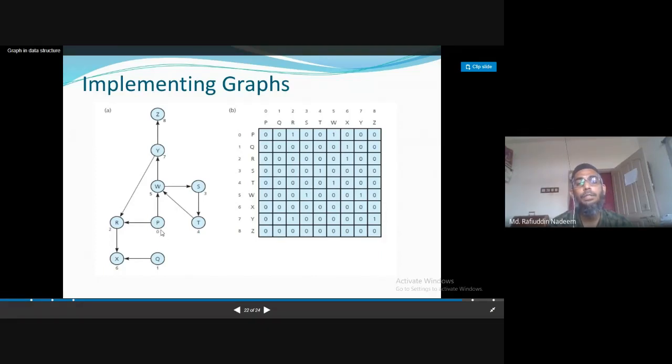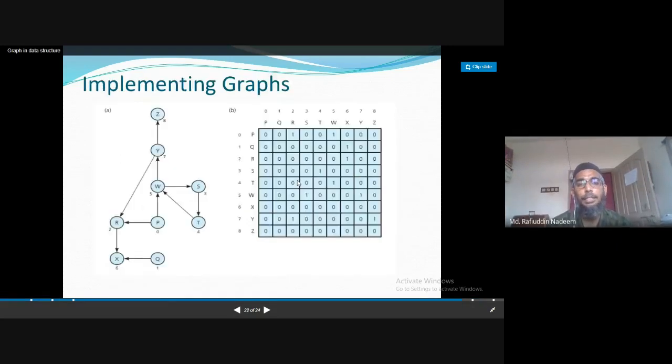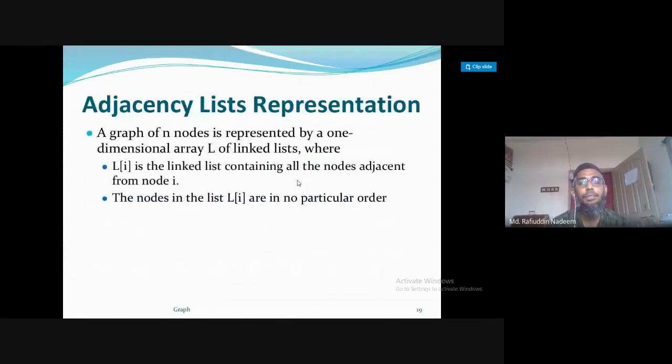So P to P is 0, P to Q is 0, P to R is 1, P to S is also 0, and P to T is also 0. Like that I can consider the remaining graph. Implementation of a graph can use an adjacency matrix or an adjacency list.